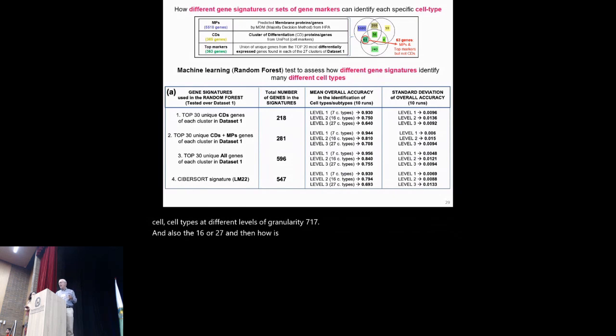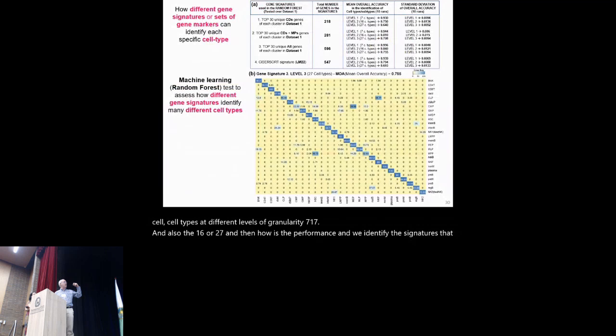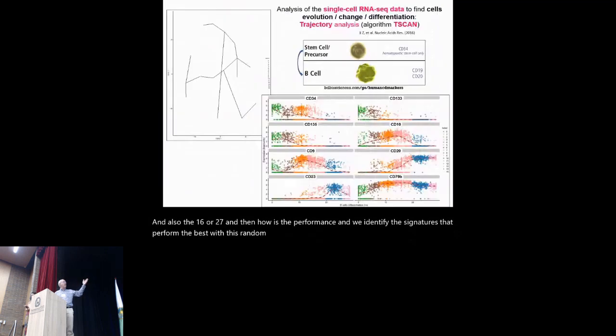And we identify the signatures that perform the best with this random forest approach, and then these cells are identified.